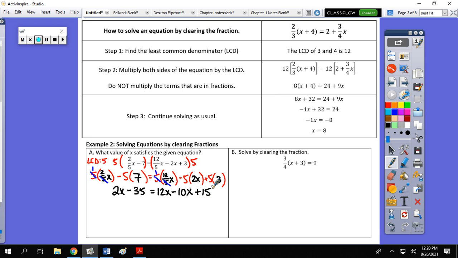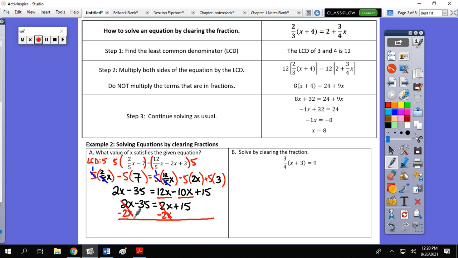From there, we would continue with our basic problem-solving approach. We have expanded. Now we are going to combine. So we'll combine our like terms on the right side, 12x and a negative 10x, to give us 2x minus 35 equals 2x plus 15. Then we would isolate the variable. Well, when we go to isolate the variable, this is what we talked about a minute ago.